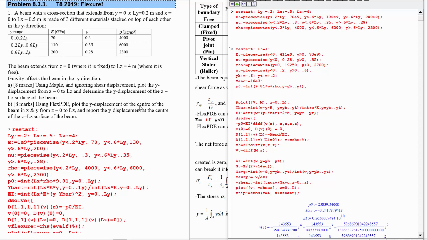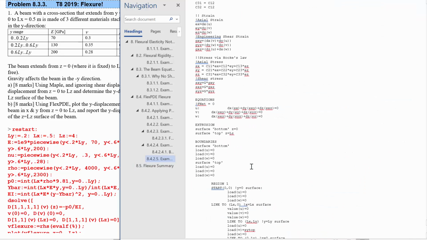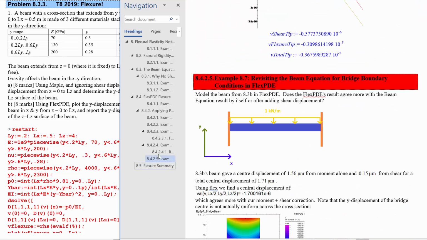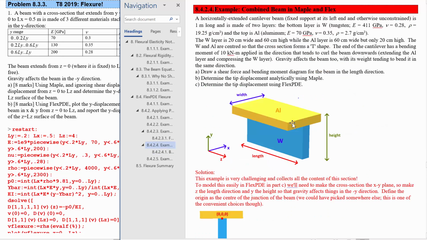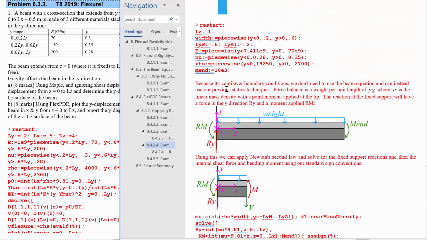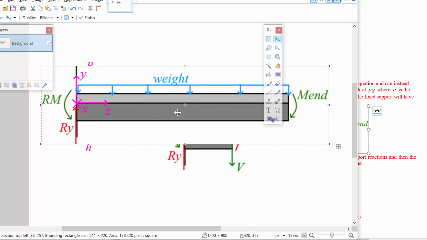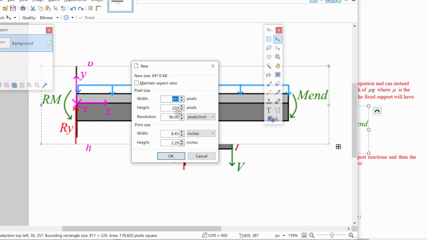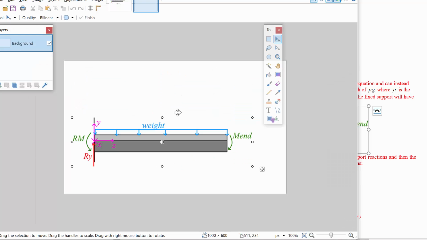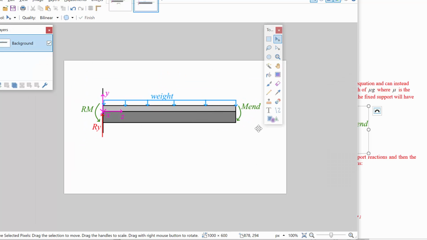Because we have a beam which is extending in Z, we can actually use the same free body diagram that we had in this situation, except with no moment on the end of it. So we'll paste this in here, and we'll get rid of this moment on the end of this beam.